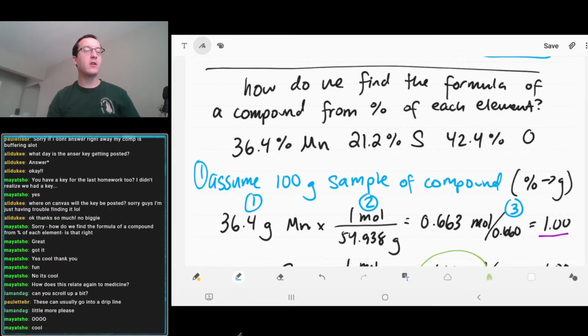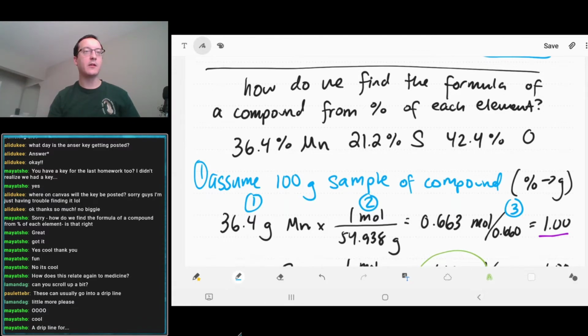Yeah, I think you might be thinking of magnesium sulfate, MgSO4. That can go in a drip line, but typically manganese you would not want to. Because I think this is a healthcare thing. Magnesium sulfate is the same as Epsom salt.